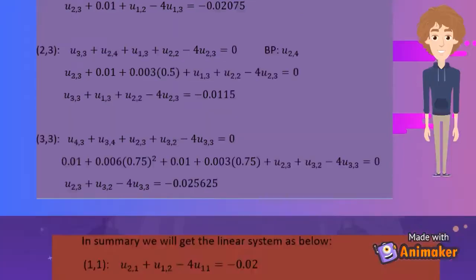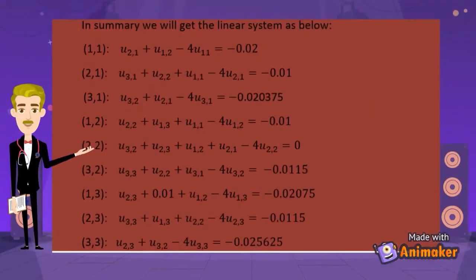In summary, we will get the linear system as shown below, from node (1,1) until node (3,3).